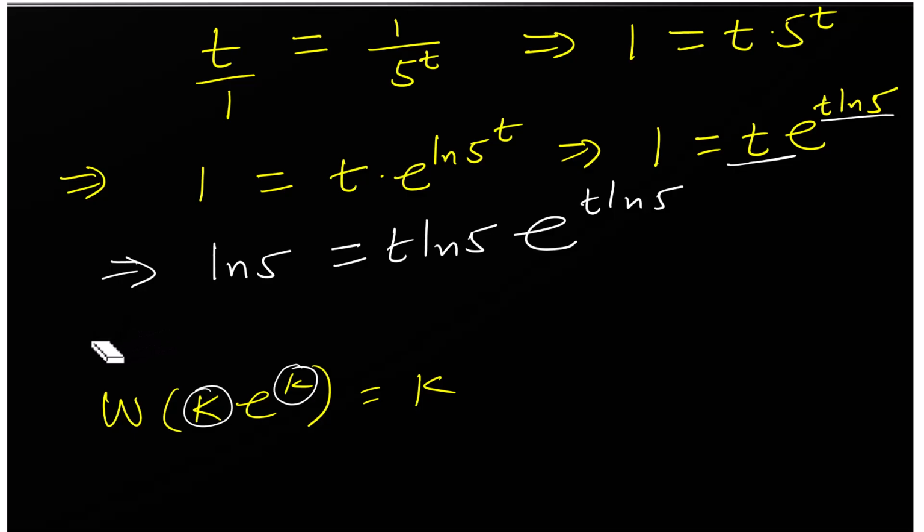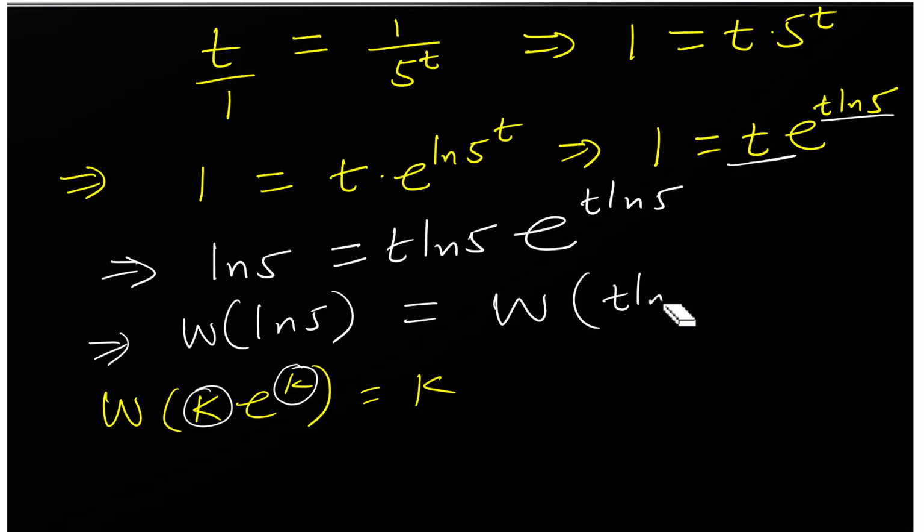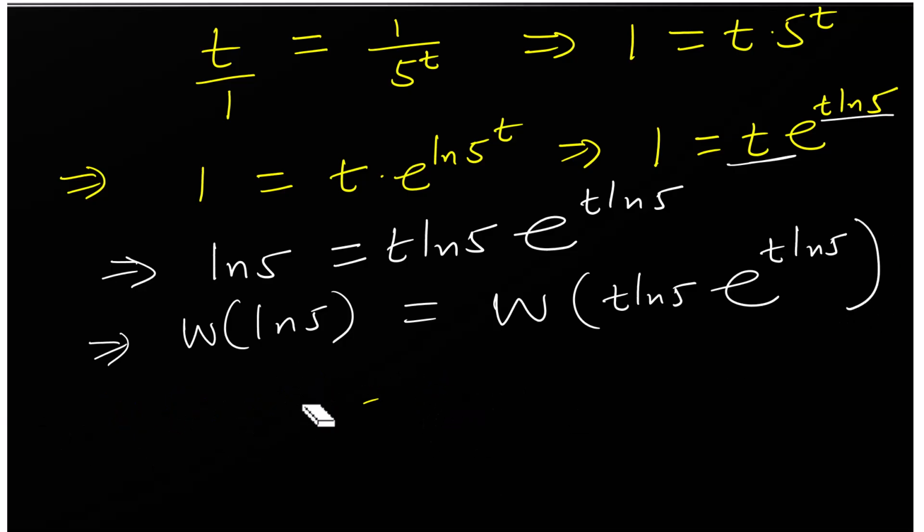Okay, so the next step is to take W function of both sides, which gives W function of ln of 5 equals W function of t ln of 5 e raised to t ln of 5. Okay, so this side, the answer is t ln of 5.